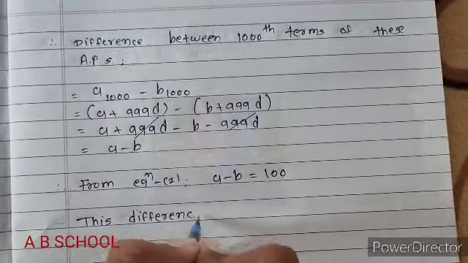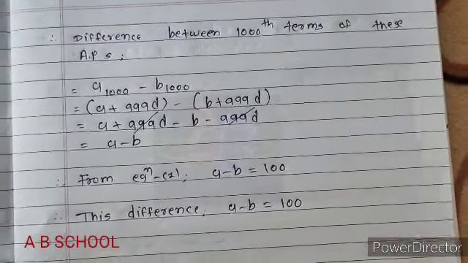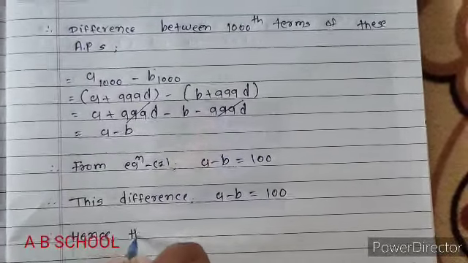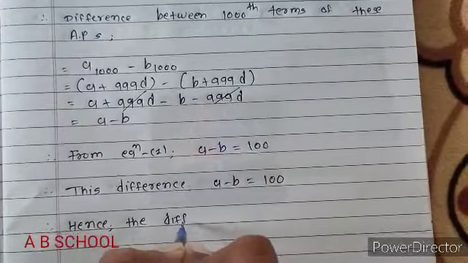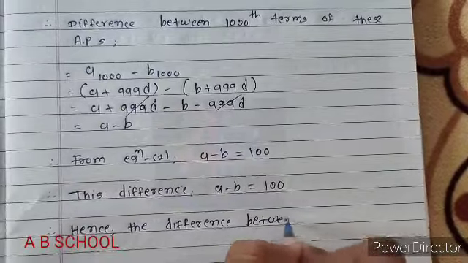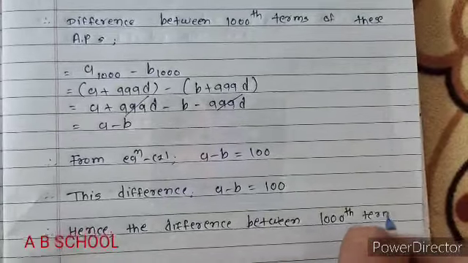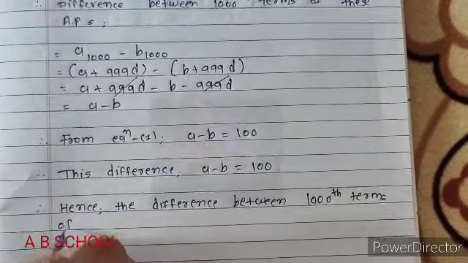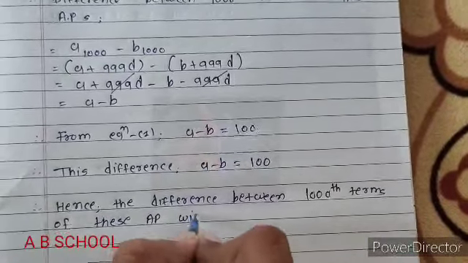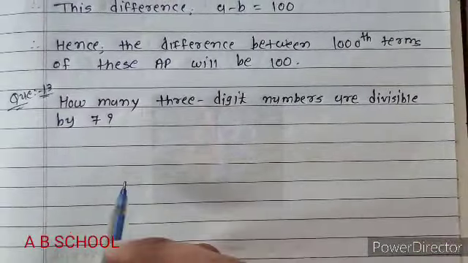So hence the difference between the thousandth terms of these APs will be 100.